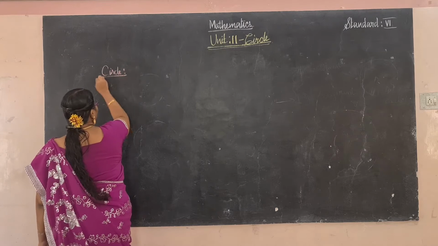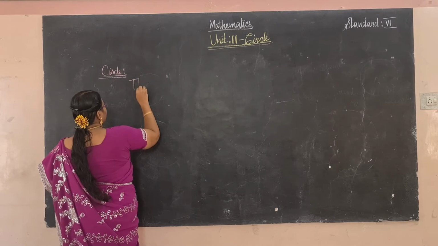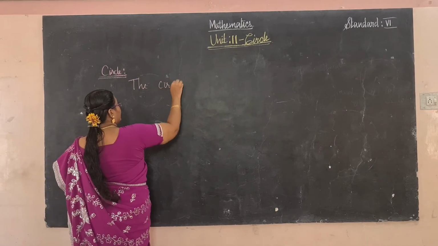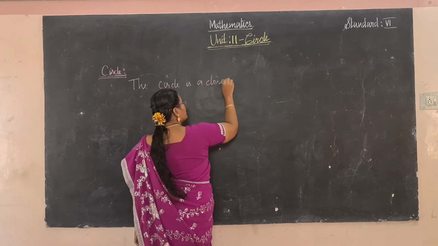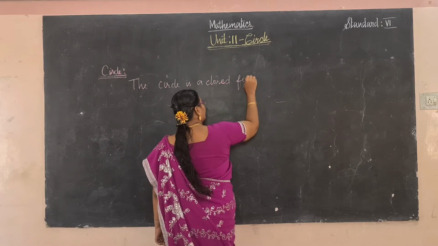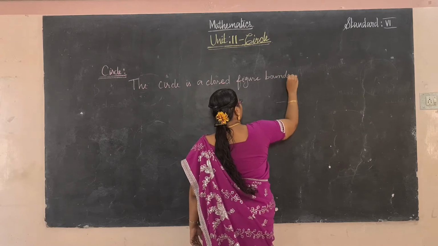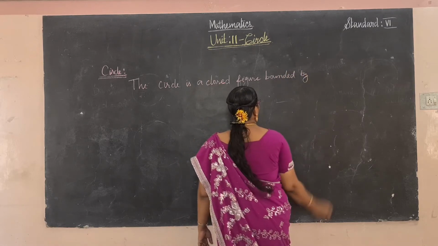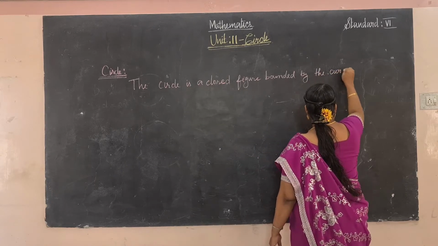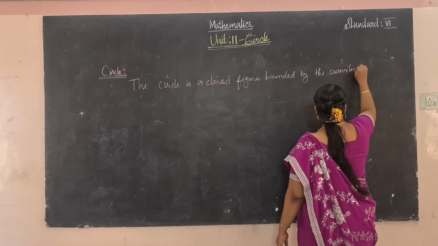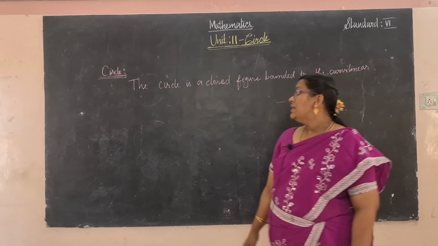What is meant by a circle? A circle is a closed figure bounded by a curvilinear boundary.